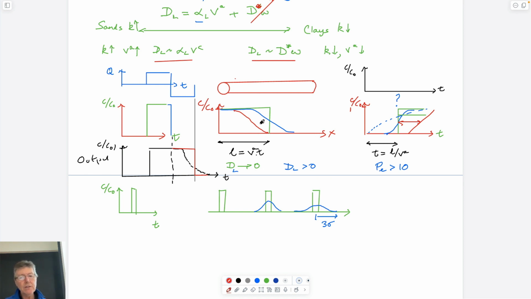And since it's concentrations that we measure in the water, not in the solid, then it's depleting this area here. So advection and retardation.